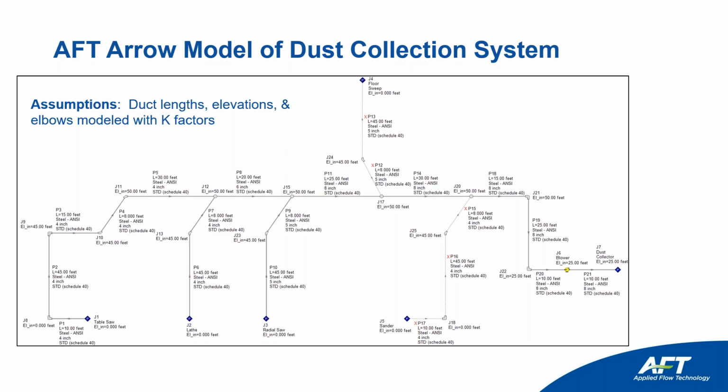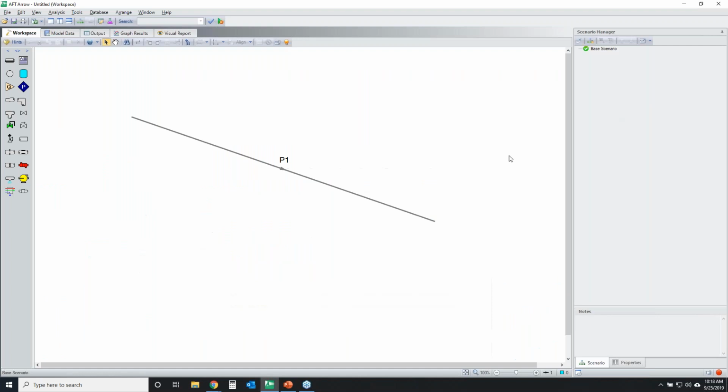One of the other assumptions I didn't mention is that I'm using round steel ANSI cylindrical pipe ductwork. This is actually regular steel piping that you probably wouldn't use for your dust collection system, but I just kept it simple and used steel pipe. So this is my Arrow model, and I'm going to go ahead and jump into that model right now.